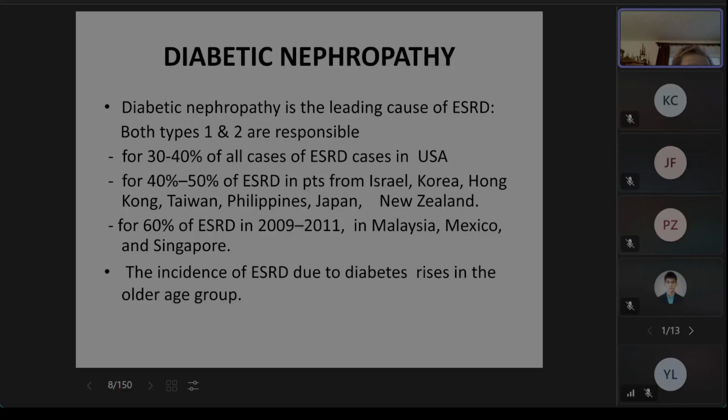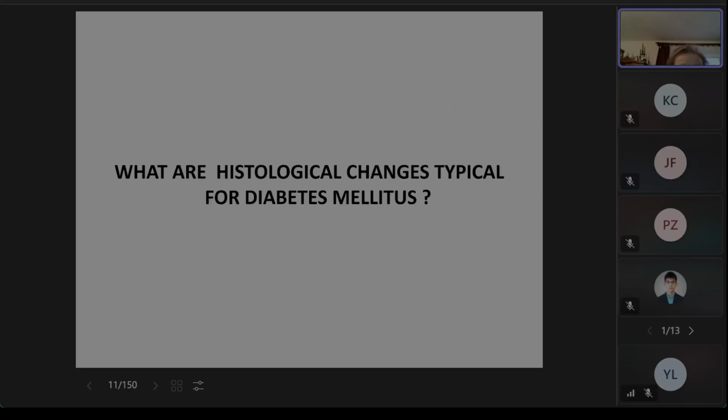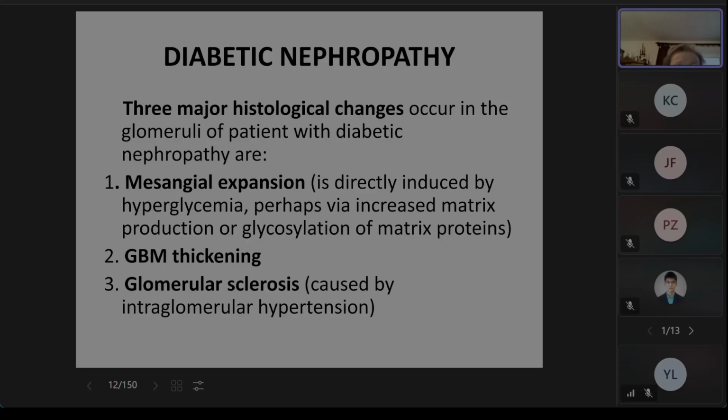Diabetic nephropathy has specific histological changes, and these changes are connected with, first, mesangial expansion, which is, as it is claimed, directly induced by hyperglycemia, thickening of the glomerular basement membrane, and finally, a glomerular sclerosis leading to general hypertension. And glomerular sclerosis is because of intraglomerular hypertension.